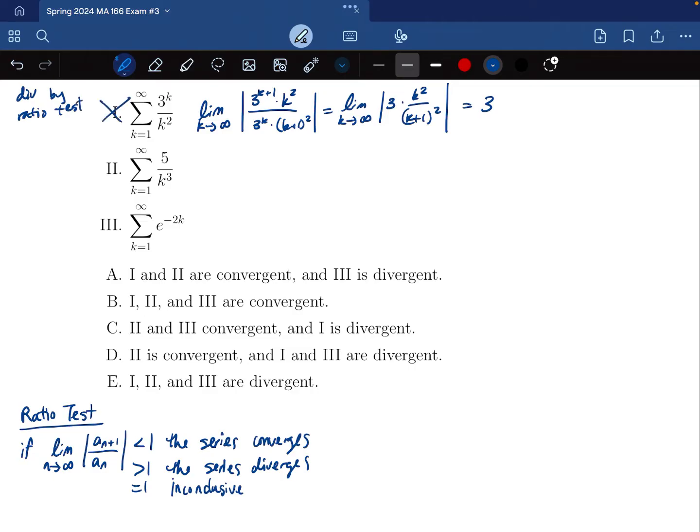Okay, the next series is 5 over k cubed. We can use the p-test on this series.